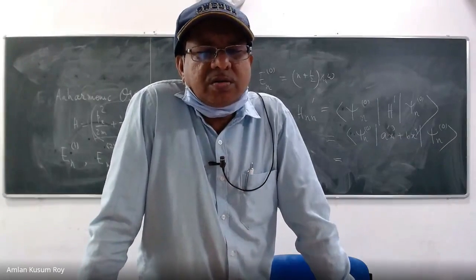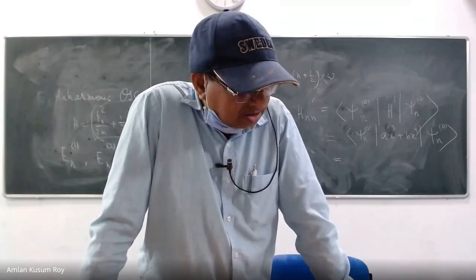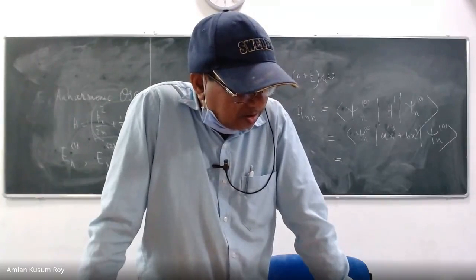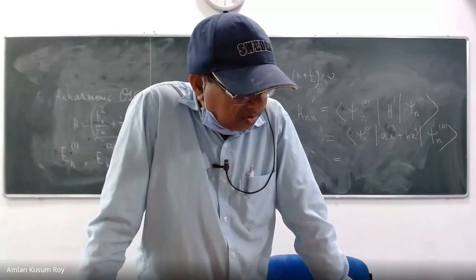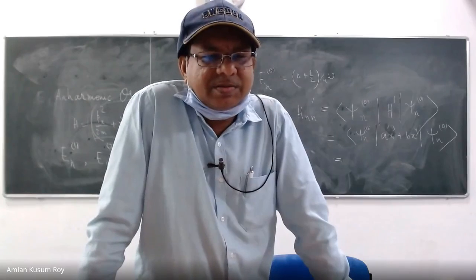Yes or no, Rohan? Yes, sir. But I forgot what the Hermite polynomial was. That's what was happening in our education. We are talking about hi-fi science, but we are forgetting how to do the integration.